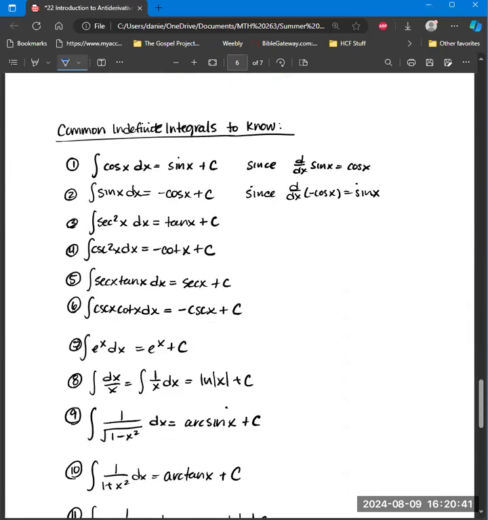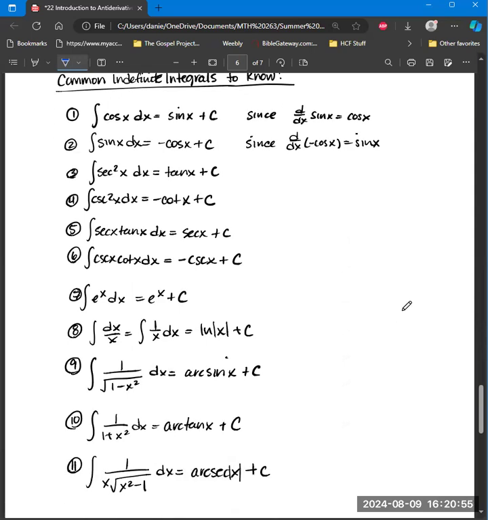So let's go ahead and make sure that you know these basic integrals here, and there's going to be a lot of them to know. We already talked about the x to the p rule.